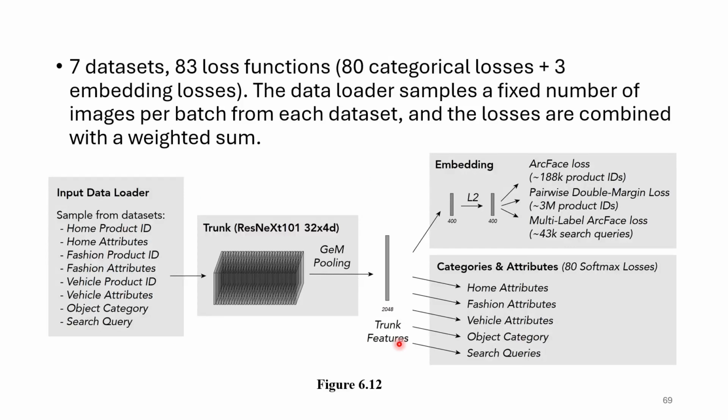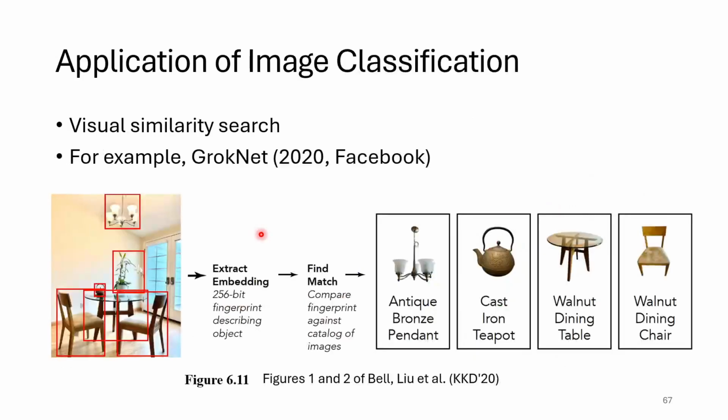So they build the dataset, and they create a network using ResNet. Once they create the architecture and use their huge dataset to train the network, they generate results like this one.